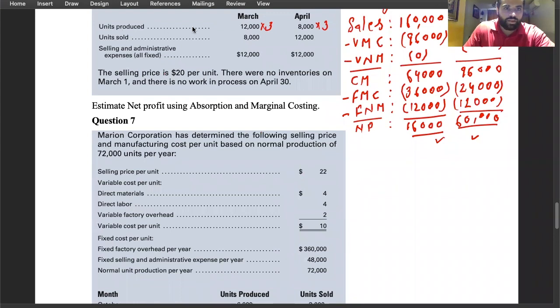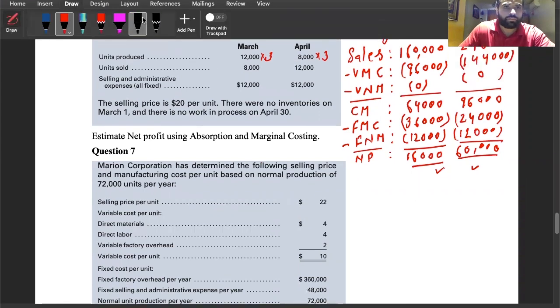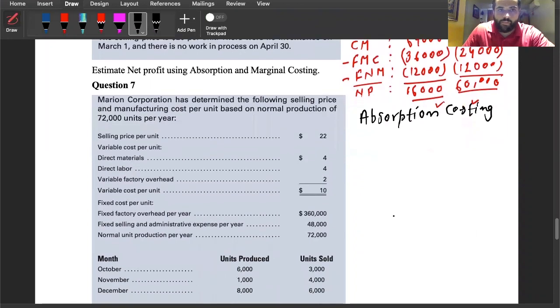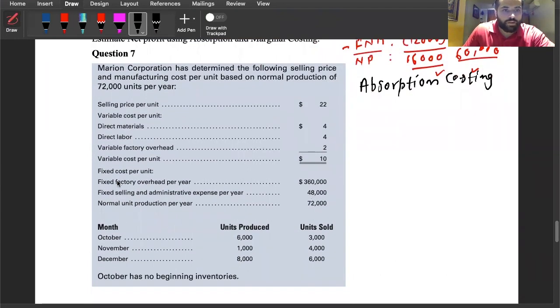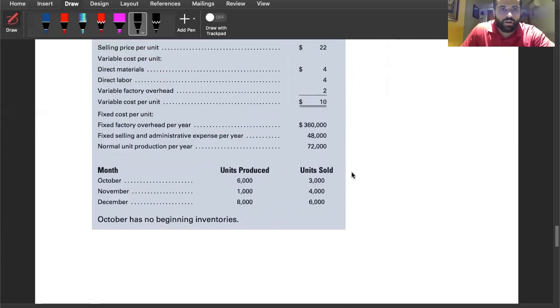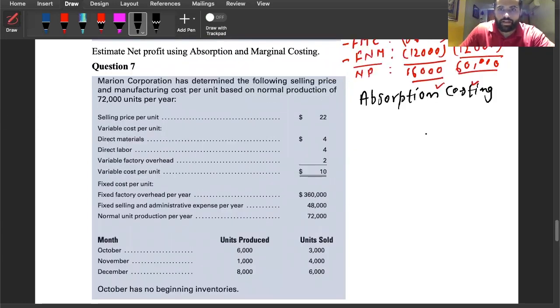So let's start with the absorption costing for question 7. We have 3 months, October, November, and December.